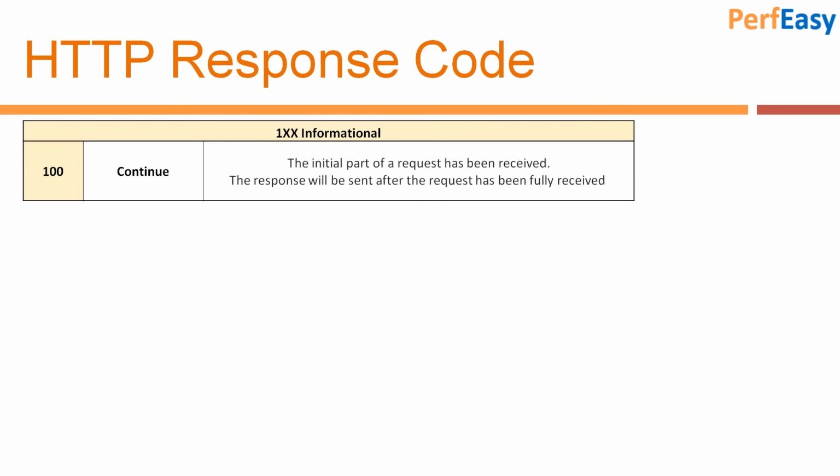So it is still receiving the request, the initial part was okay, so here the server is communicating that the connection is ready, and the client and server are still communicating and expect the response once the request is complete.